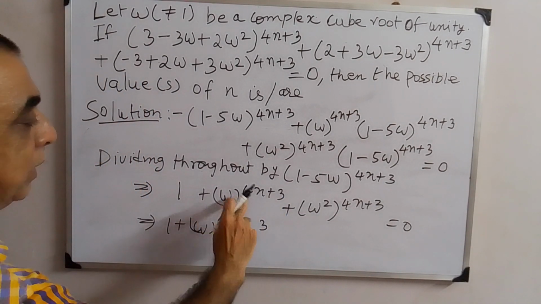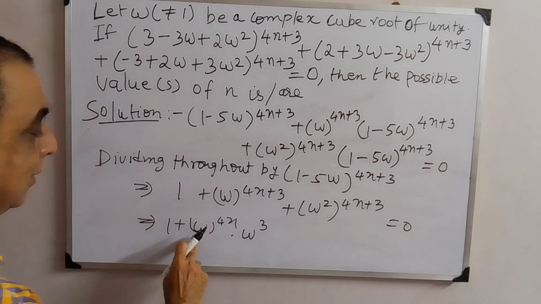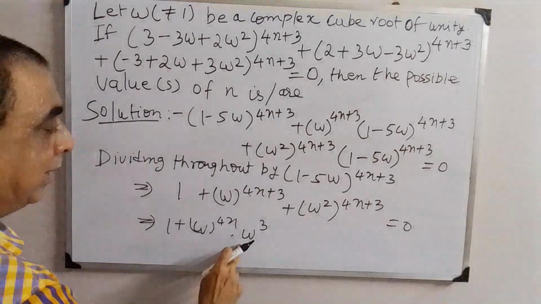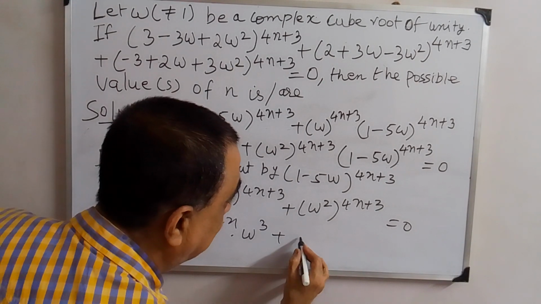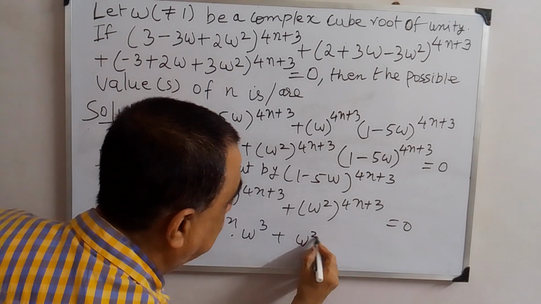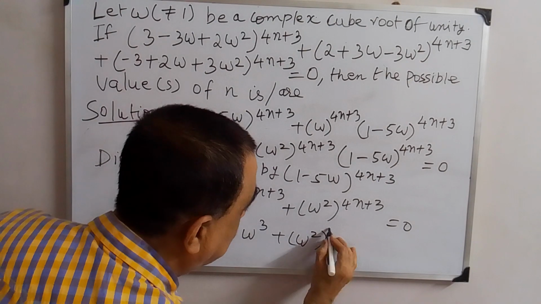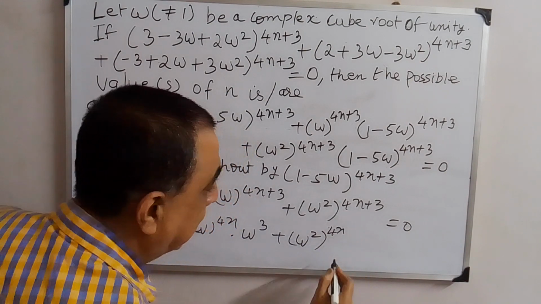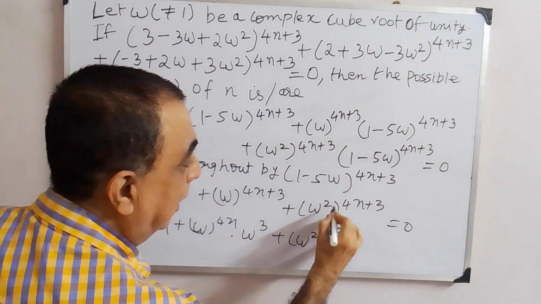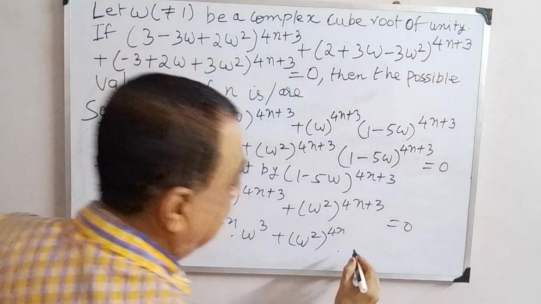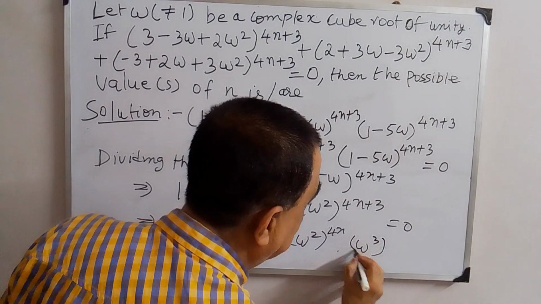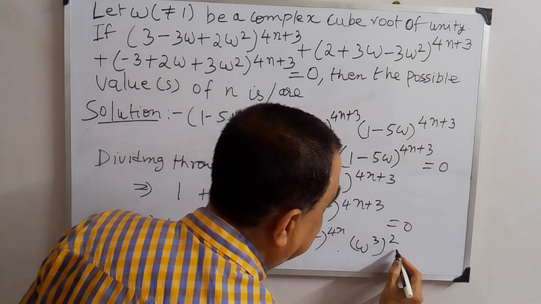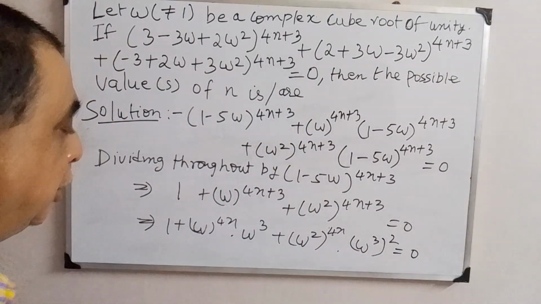So I am writing omega to the power 4n plus 3 as omega to the power 4n into omega to the power 3. Plus, similarly I am doing here also. This will be omega to the power 2 whole to the power 4n into omega 2 into 3, that will be omega to the power 6. So I am writing omega to the power 3 whole squared is equal to 0.